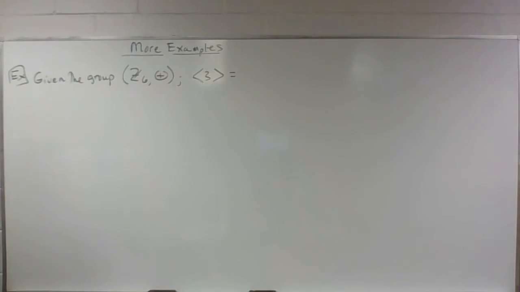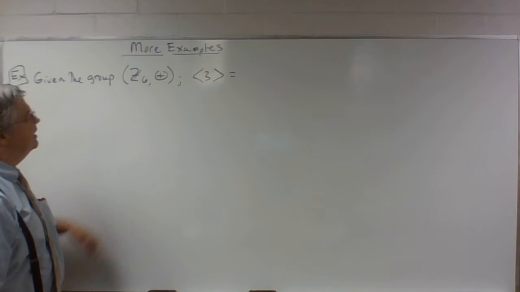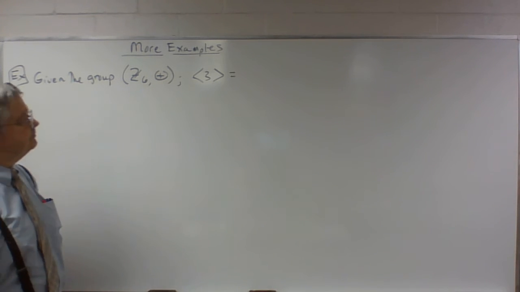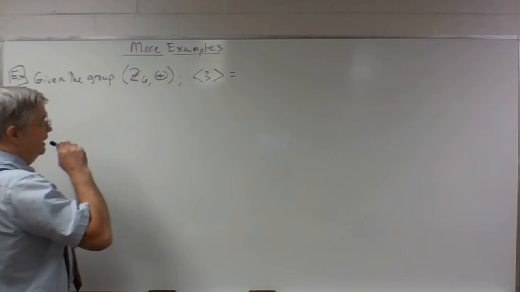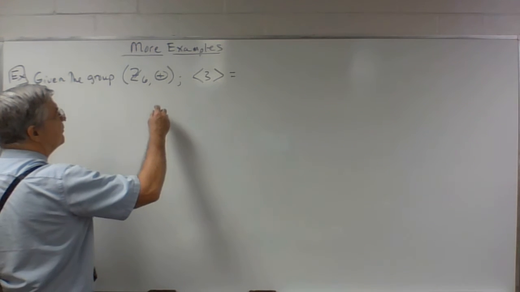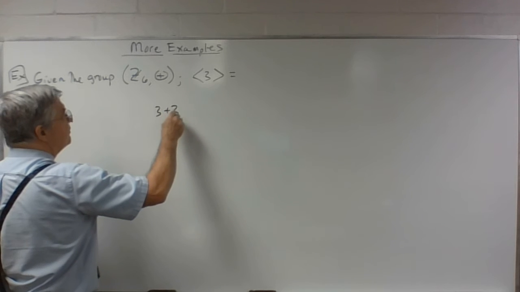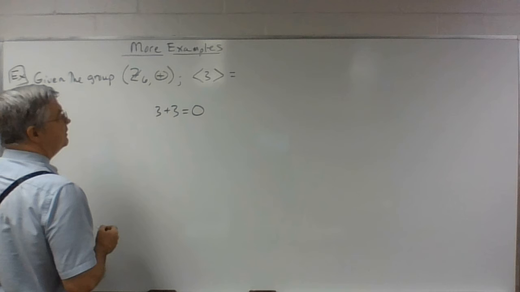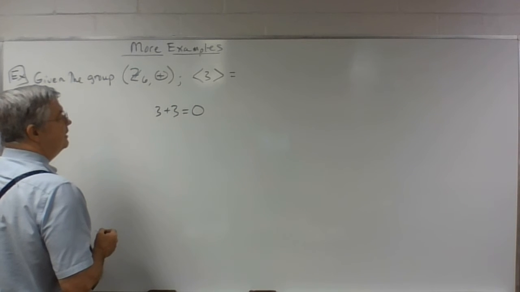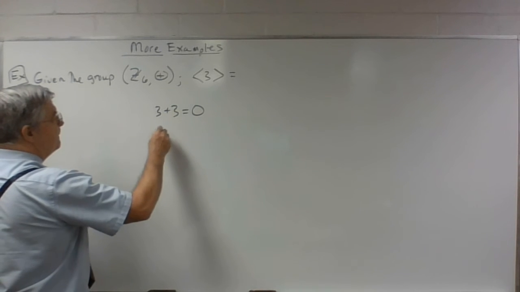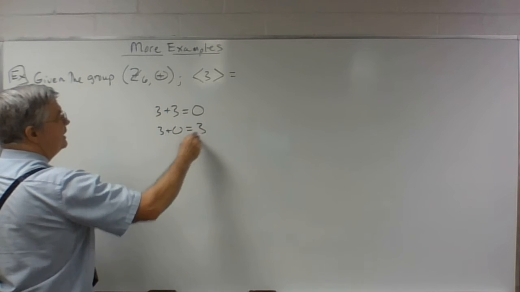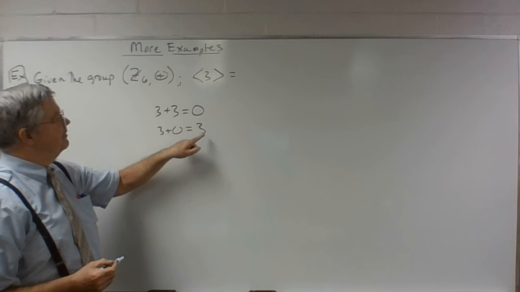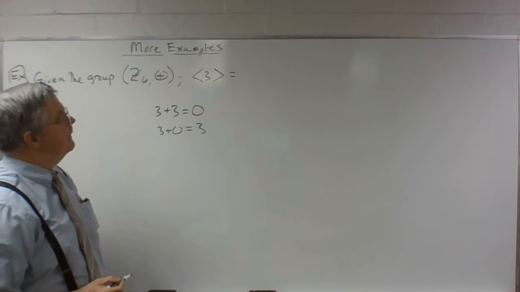Now let's look at some more examples. Z6 under addition modulo 6. Let's see. 3 plus 3 is 6, which is 0 mod 6. And 3 plus 0 is 3. It looks like the element 3 just generates itself and 0.